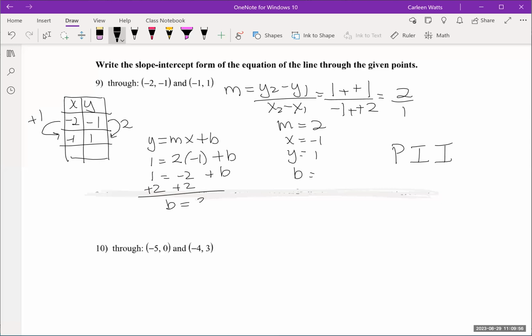B equals 3. So y is equal to, what's m? 2. 2x plus 3. There's our equation in slope intercept form.